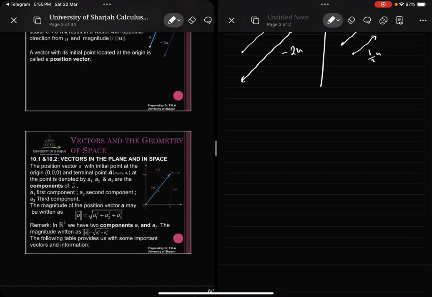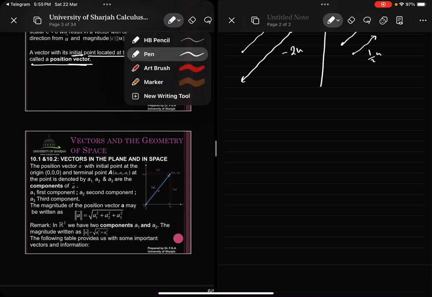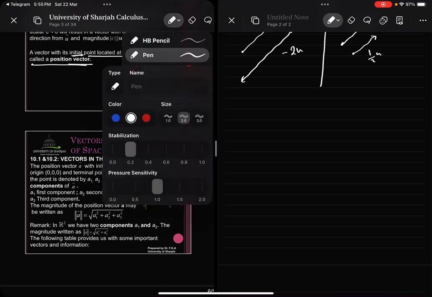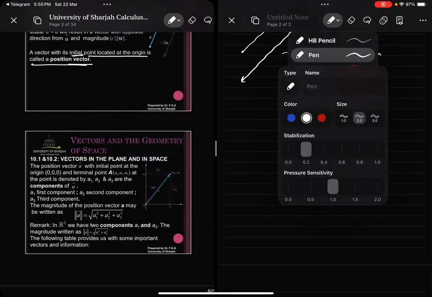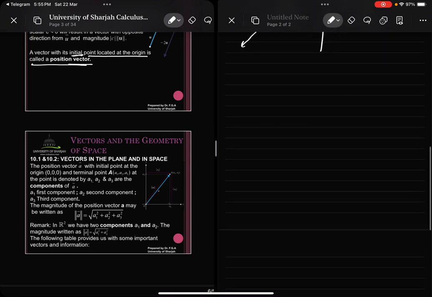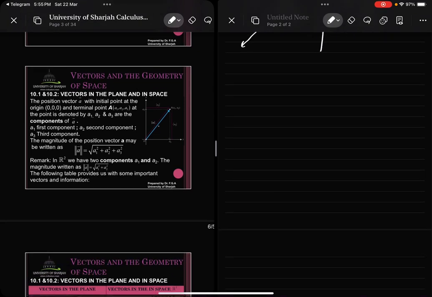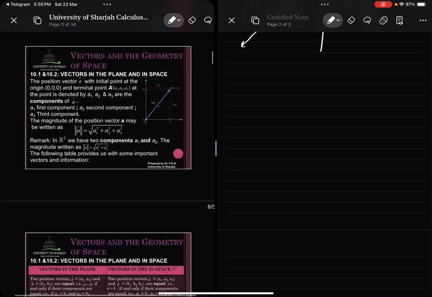Next, a vector with its initial point located at the origin is called a position vector. Next, the vector in the plane and in space.